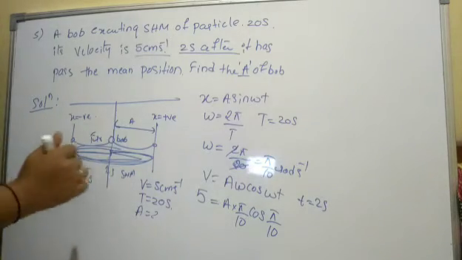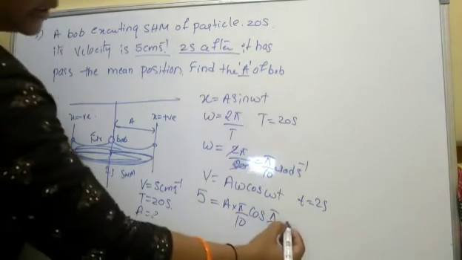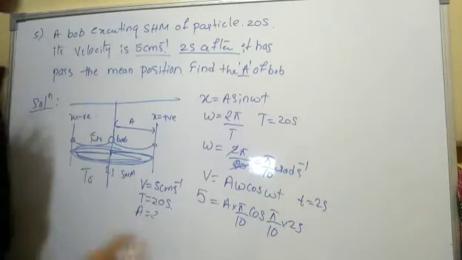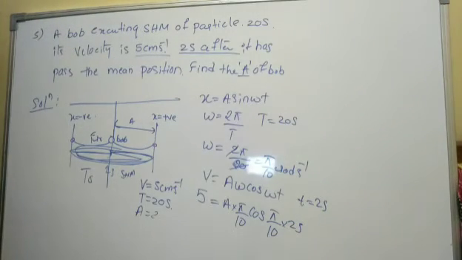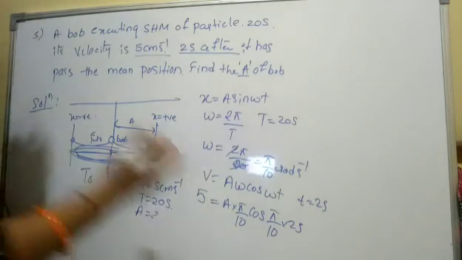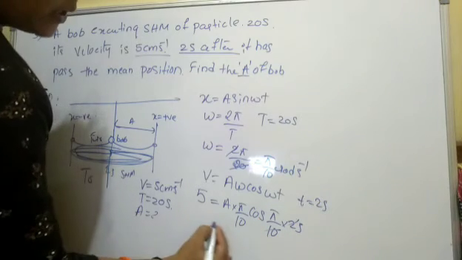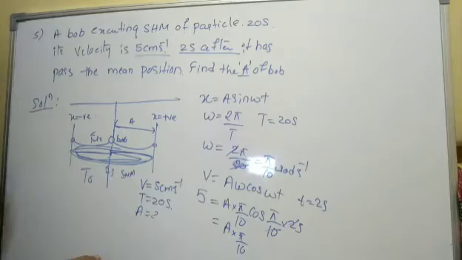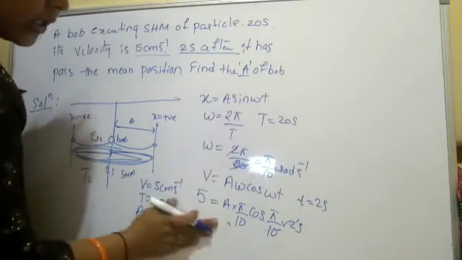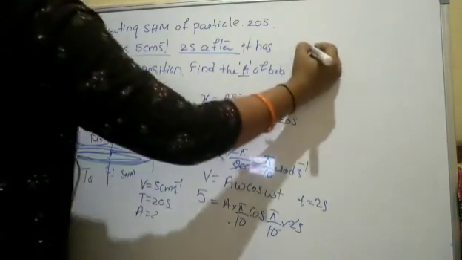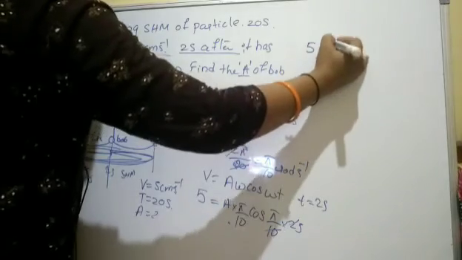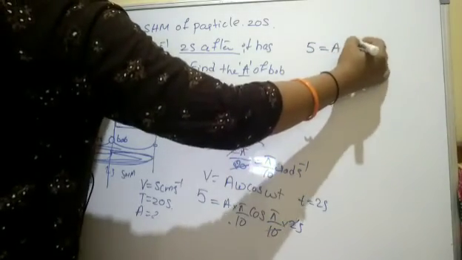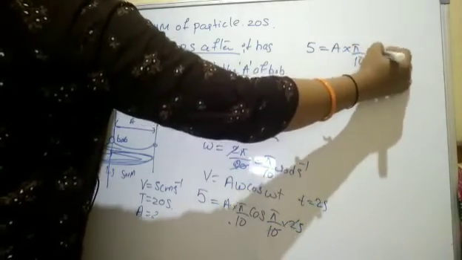Same thing I have written here, t is equal to 2 seconds. I think the camera is not catching it, so I'll write it. So 5 is equal to a into pi by 10 cos pi by 5.